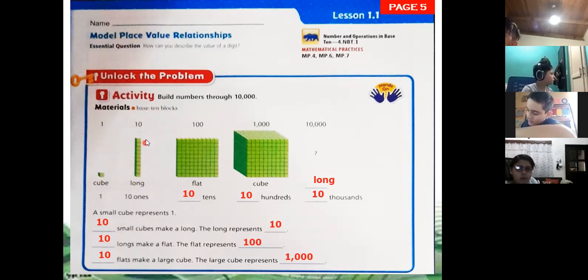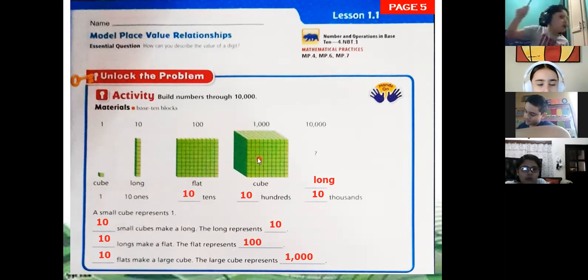And the lawn represents 10. Now you need 10 of these lawns to make a flat. If you start counting in your book, you notice that you have 10 of these lawns to make 1 flat.